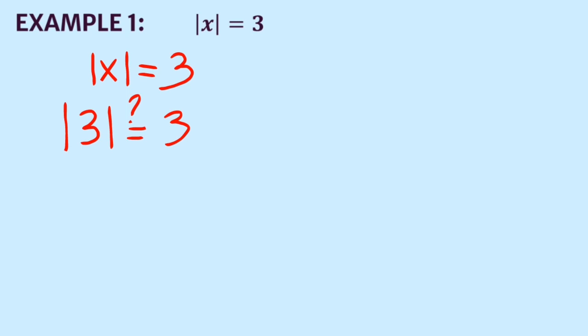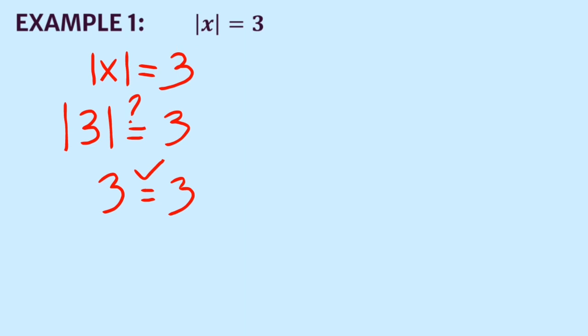Okay, what is the absolute value for 3? Is 3. Equal or not? It is equal. Now, do we have any value of x that will also satisfy this equation here? Do we have any?